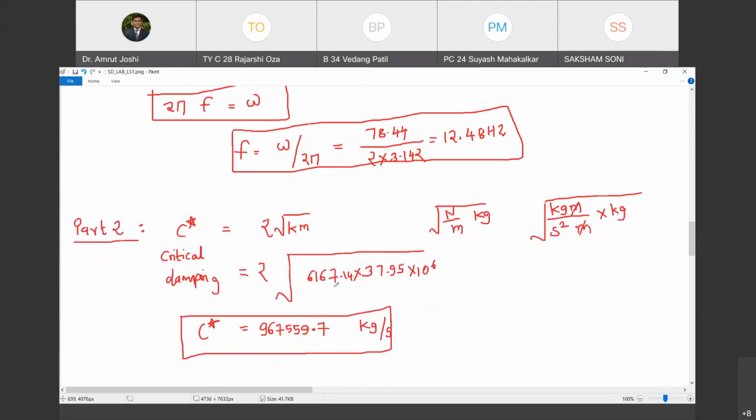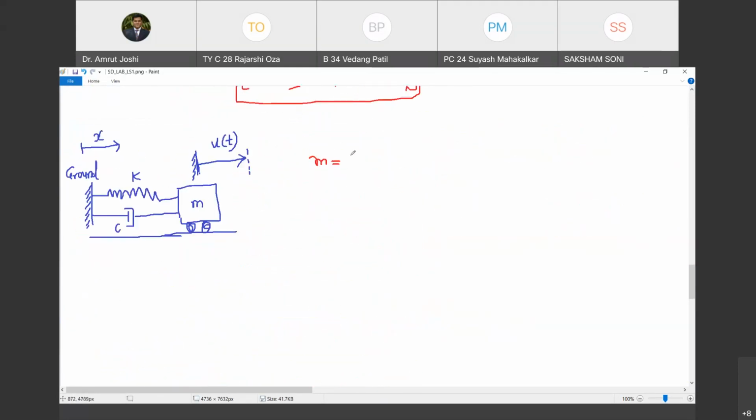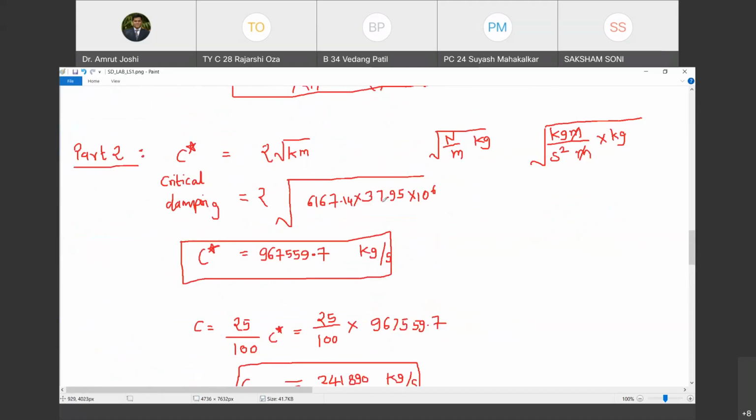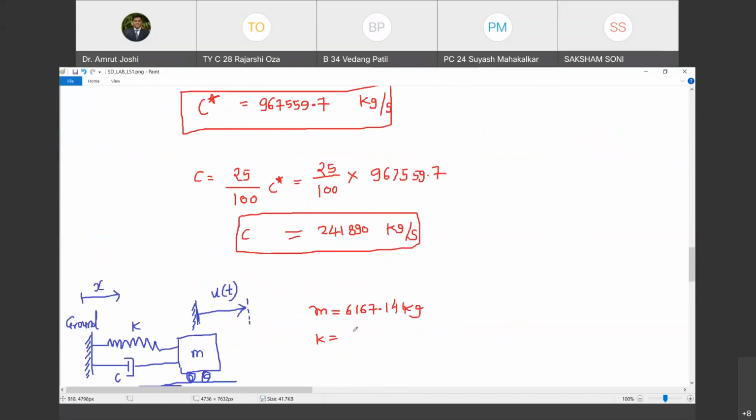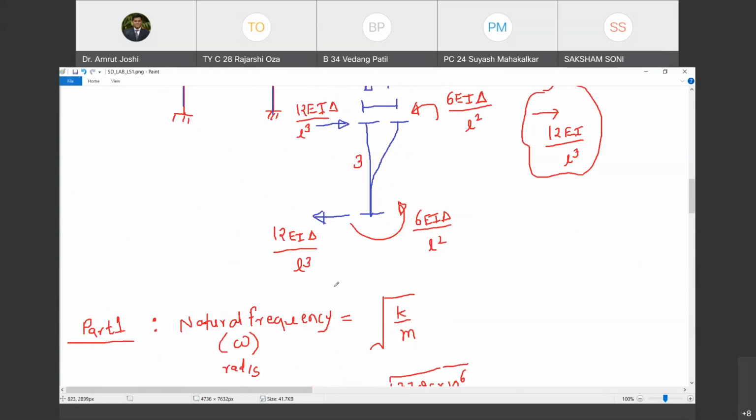M is 6167.14 kg. What is the value of K? Value of K has been calculated and that is 37.95 into 10 power 6. Am I right? 37.95 into 10 power 6.